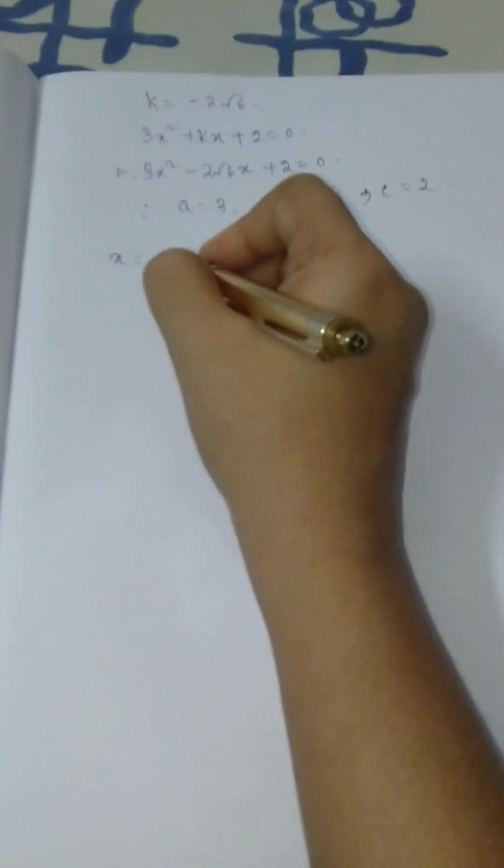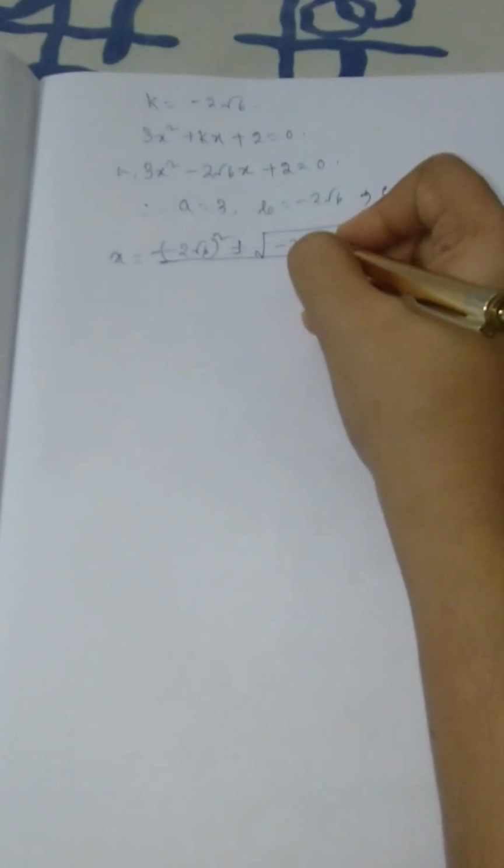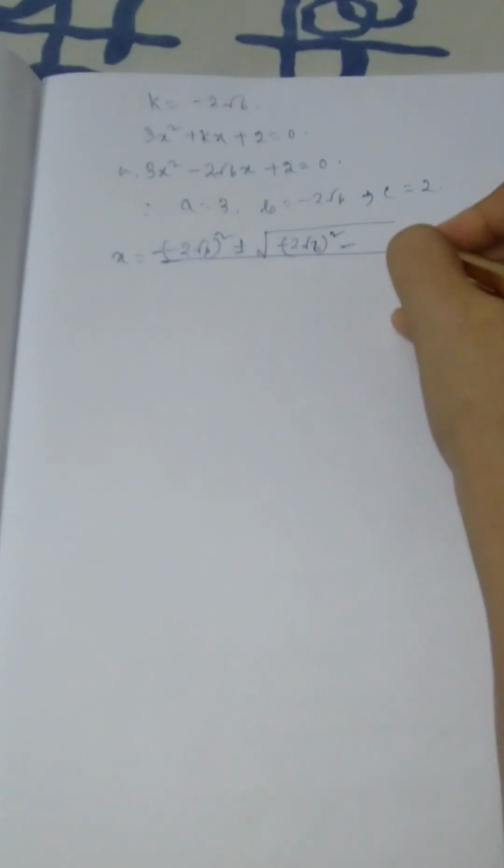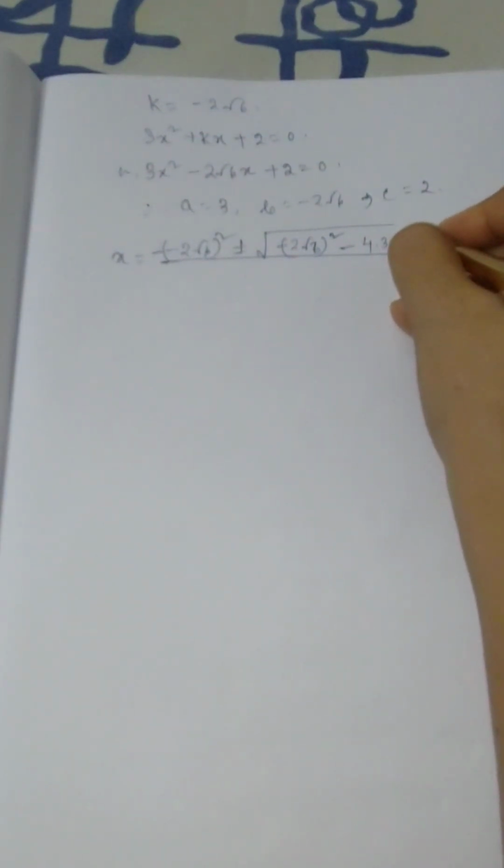Right? So what will be the value of the root? That is x equals minus b plus minus the square root of b square minus 4ac, 4 into 3 into 2, over 2 into 3.